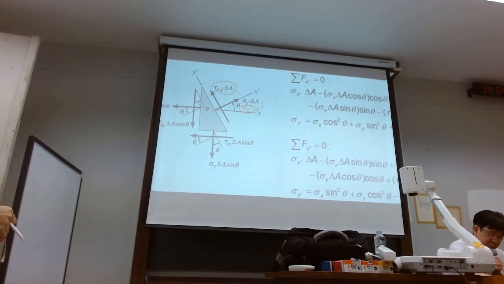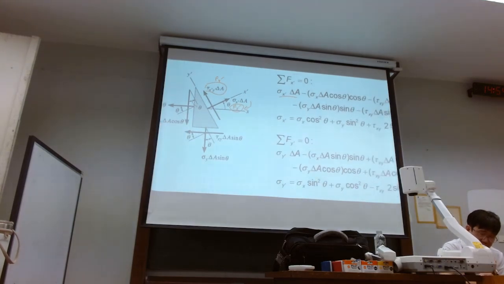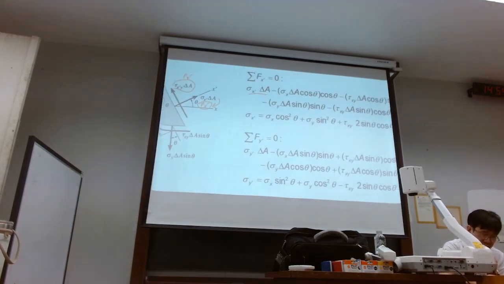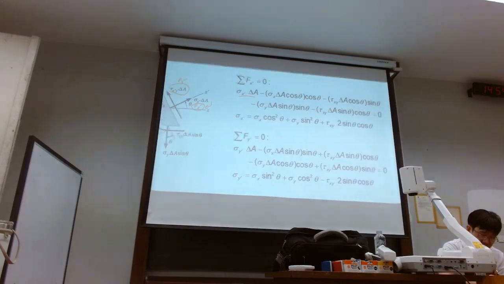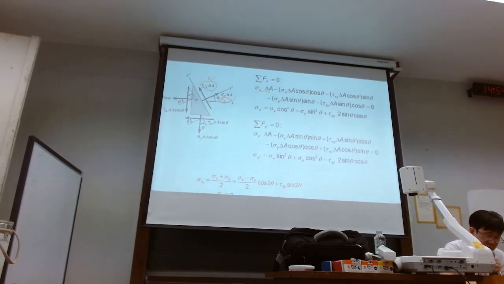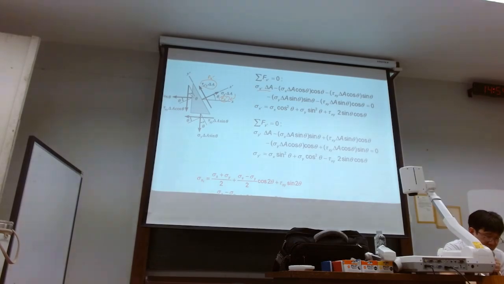And this is going to be the force along the y prime. So on that surface, you would have the force, this one and this one. Then we try to find where that is. Y prime, tau x prime y prime times delta A.